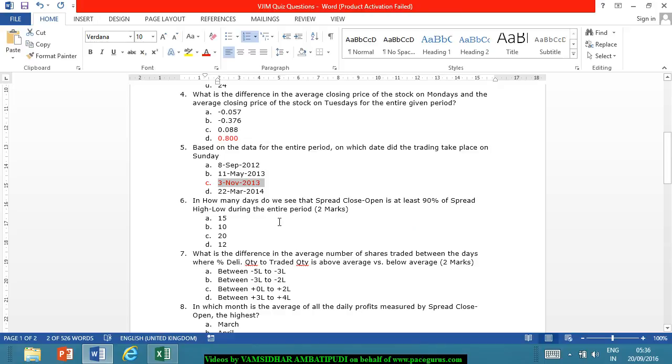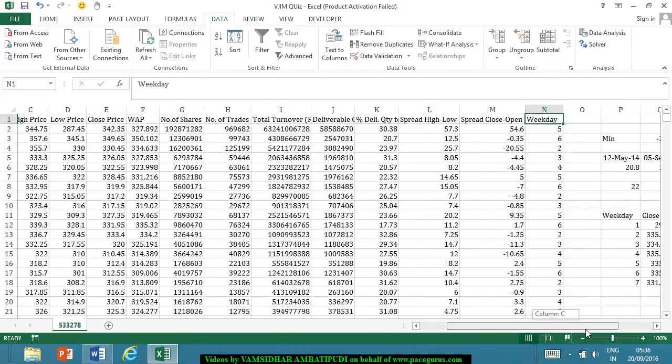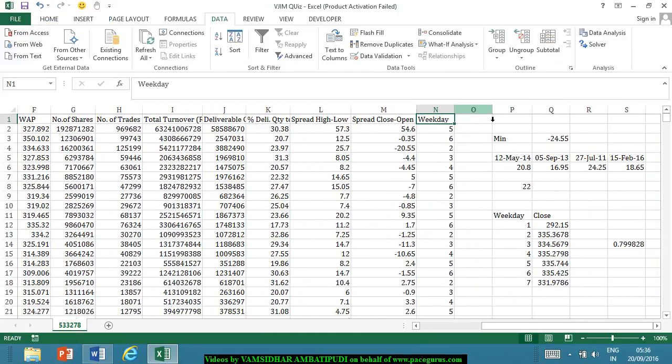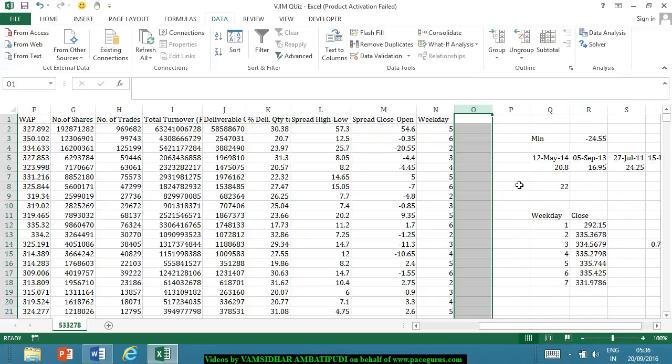Then, in how many days do we see the spread close minus open at least 90% of the spread high minus low during the entire period? So I want the close minus open spread to be at least 90%. Right?